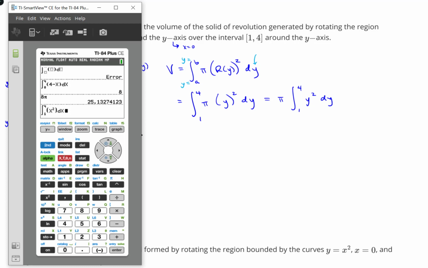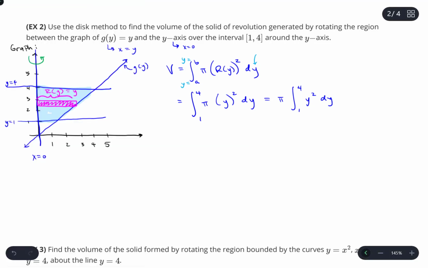It doesn't have any meaning at this point once the variables are done and matched. And it's just easier to type x's into the calculator. So this integral results in the value 21, which came from fnInt, so my final answer here is 21 pi.